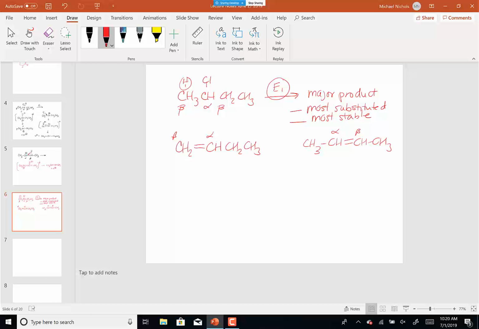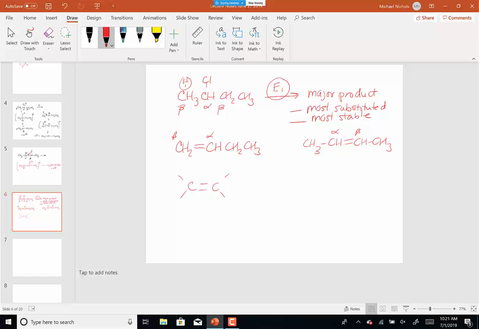Now, why is the most substituted product the most stable? If you have a carbon-carbon double bond, you always have 4 things attached to it. Go back and remember EZ, right? We always had 4 things. That's how we were determining EZ or cis-trans.